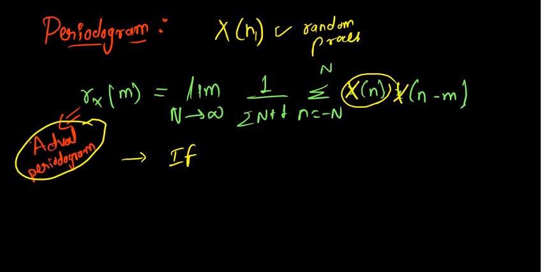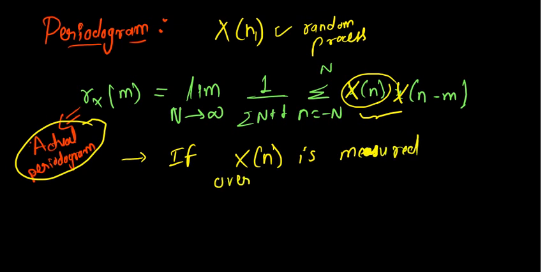In practical situations, it's not possible to have all the data points, so only a finite segment of x of n will be available, as I said in our last lecture. So we can say that x of n is measured over a finite interval, 0 to capital N minus 1.